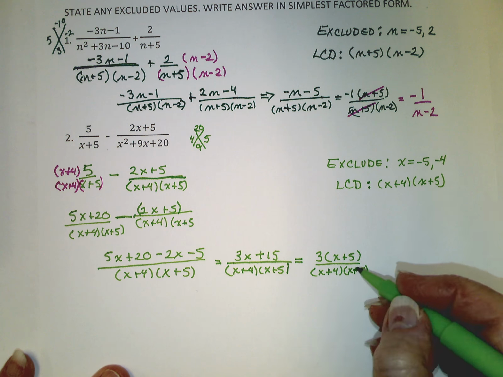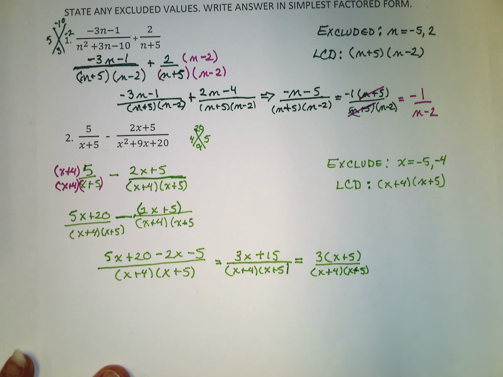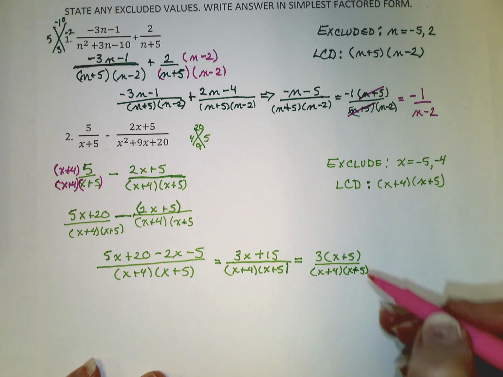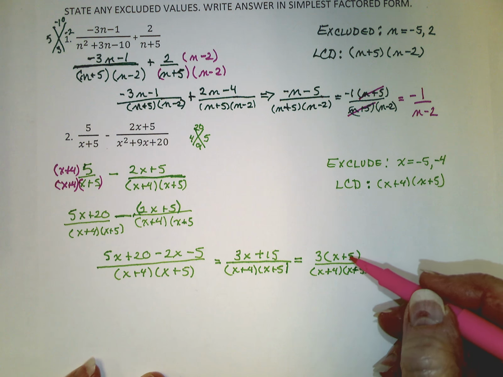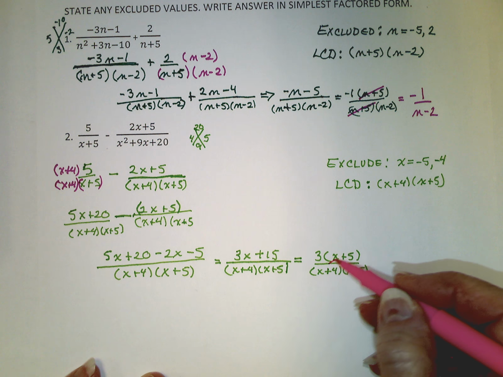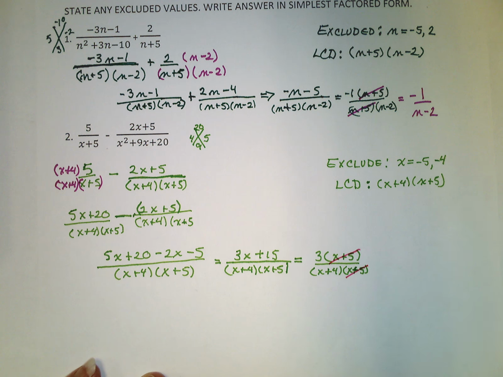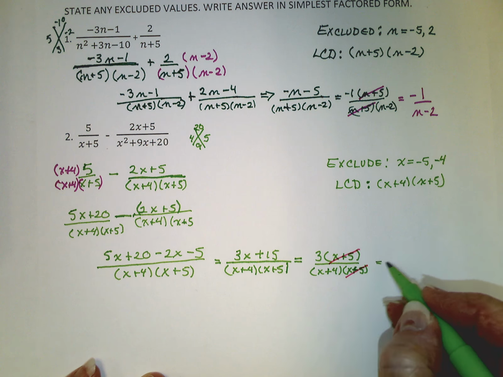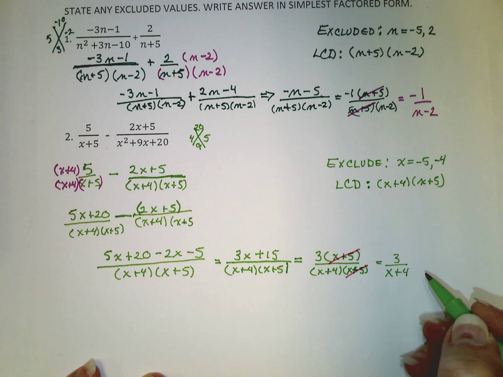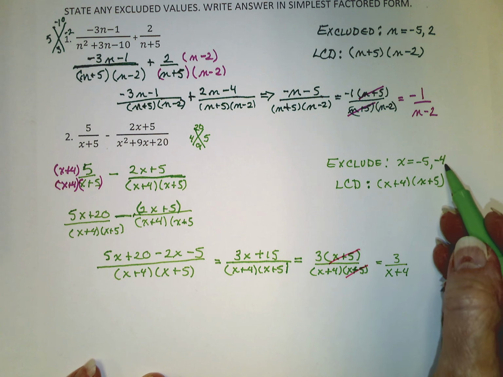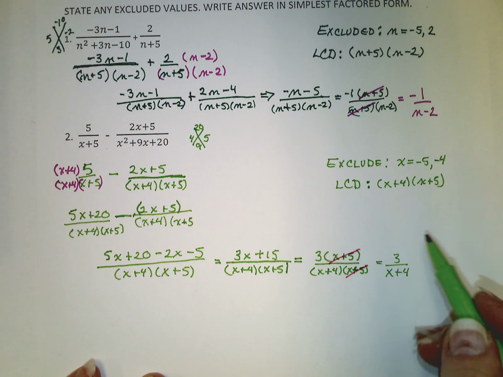Now that they're both factored, we have an x plus 5 in the numerator, an x plus 5 in the denominator, and this is basically 1, x plus 5 over itself. And we end up with a final answer of 3 over x plus 4. As long as you don't try to put a -4 or a -5 in the original problem.